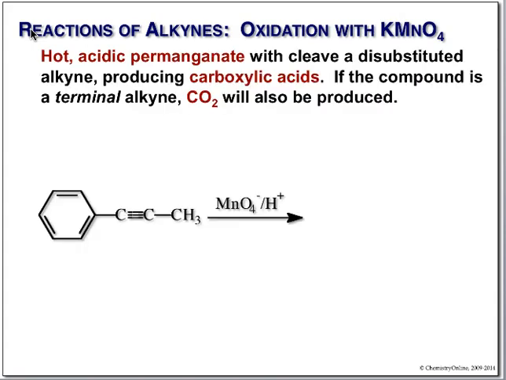Same thing is going to happen with an alkyne. If we take our alkyne and we have acidic potassium permanganate, what we're going to do is simply split our carbon-carbon triple bond, and we're going to wind up with 2 carboxylic acids.